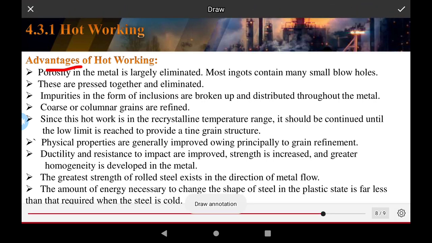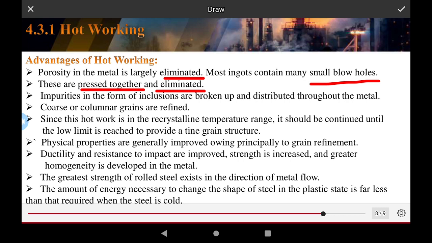Advantages of hot working: the porosity in the metal is largely eliminated. Most metals contain many small blowholes, which are pressed together and eliminated.